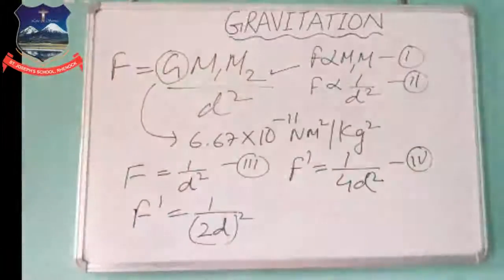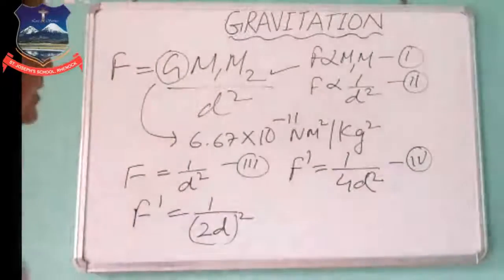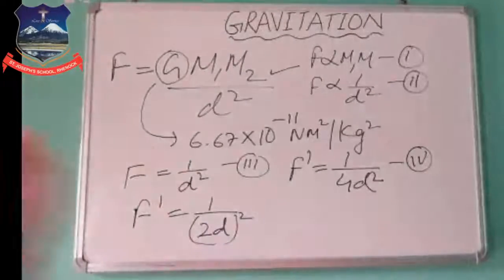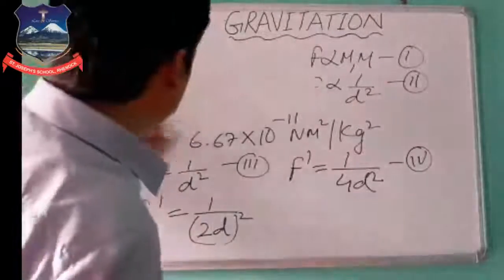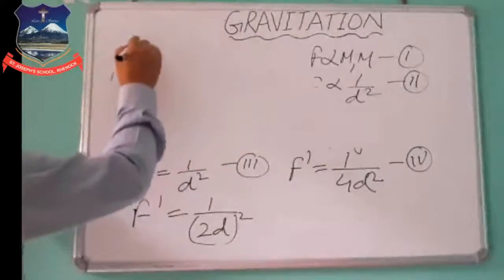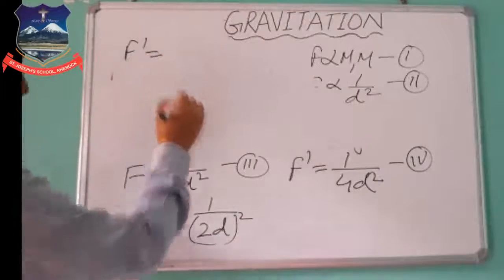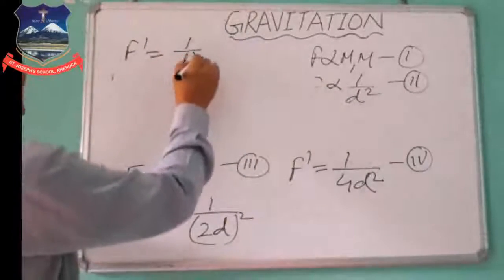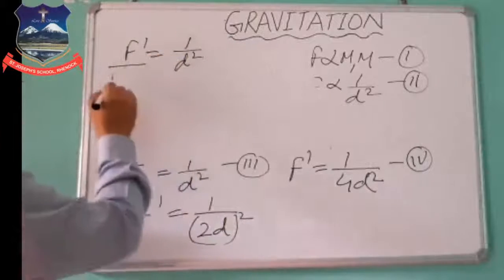Now dividing equation 4 by equation 3: F dash over F equals 1 upon 4d square divided by 1 upon d square.